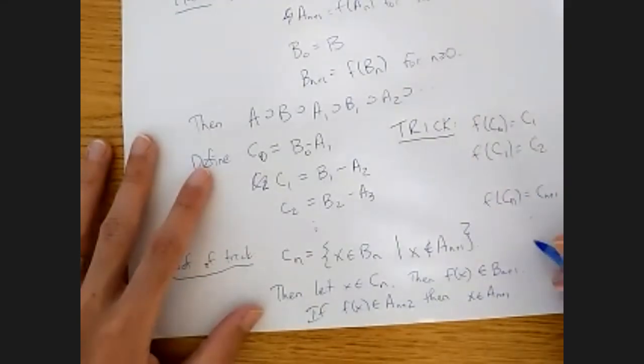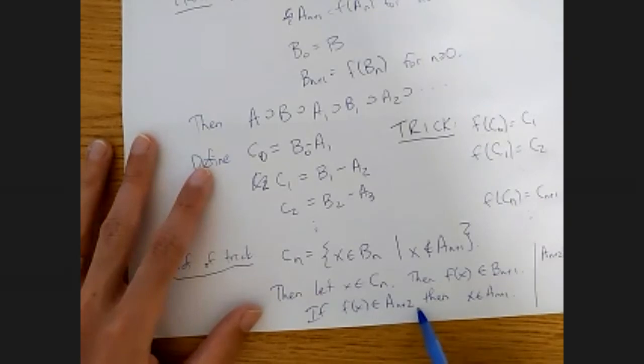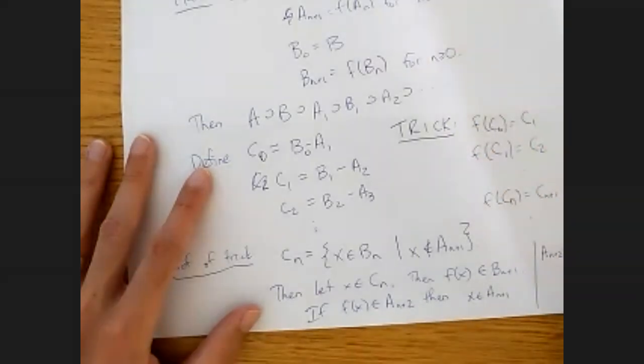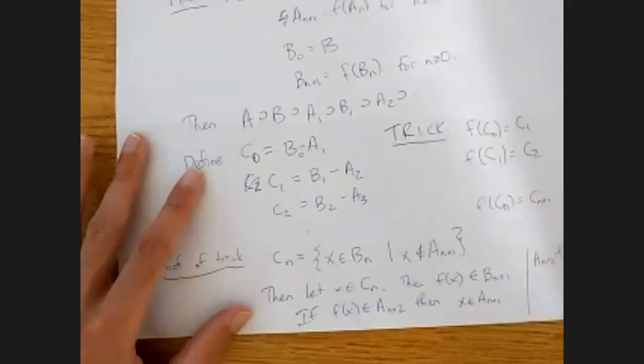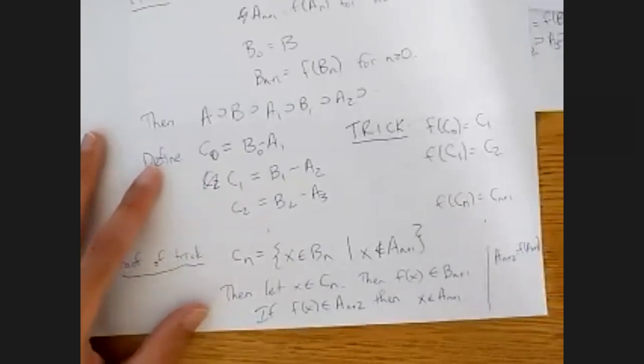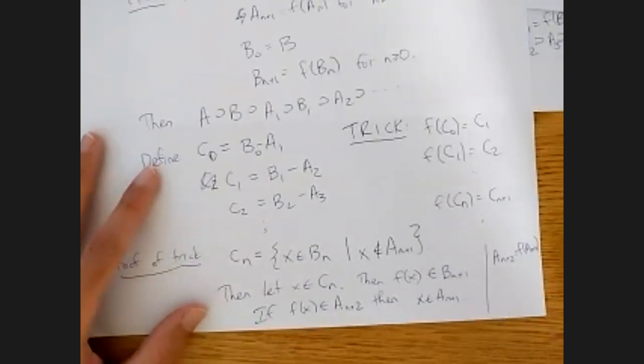Why? Because A_{n+2} is just f of A_{n+1}. And f is 1 to 1 and onto and everything, right? Meaning that if f of x is in A_{n+2}, well, that just means that x was in A_{n+1}.